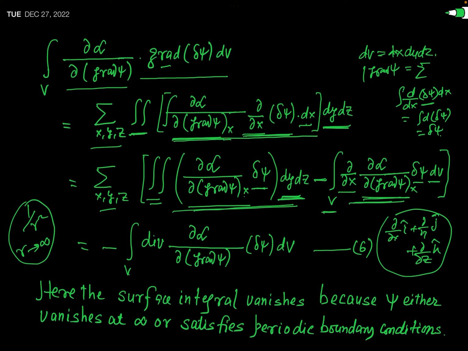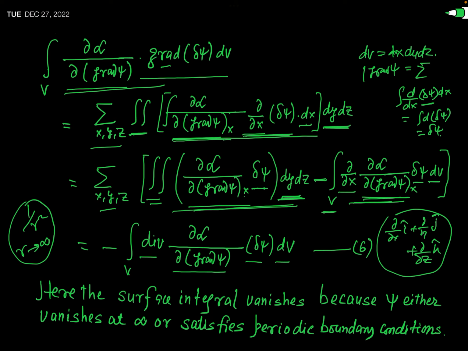So after summing up all these terms, we will have integral over v divergence of del L by del grad psi times delta psi dv. This is the value obtained after integrating this second term.